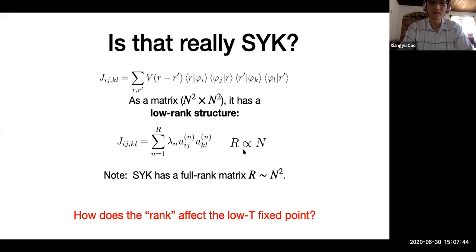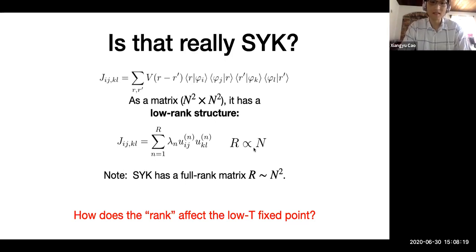If you think about it for a second, you realize that in any real system where your fermions or your spins are interacting via some Coulomb interaction, or mediated by some photons or phonons, it's very hard to realize a rank which is much larger than the number of constituents. This extensive rank, R proportional to N, is more or less the most natural thing that you can realize, or maybe the best that they can do.